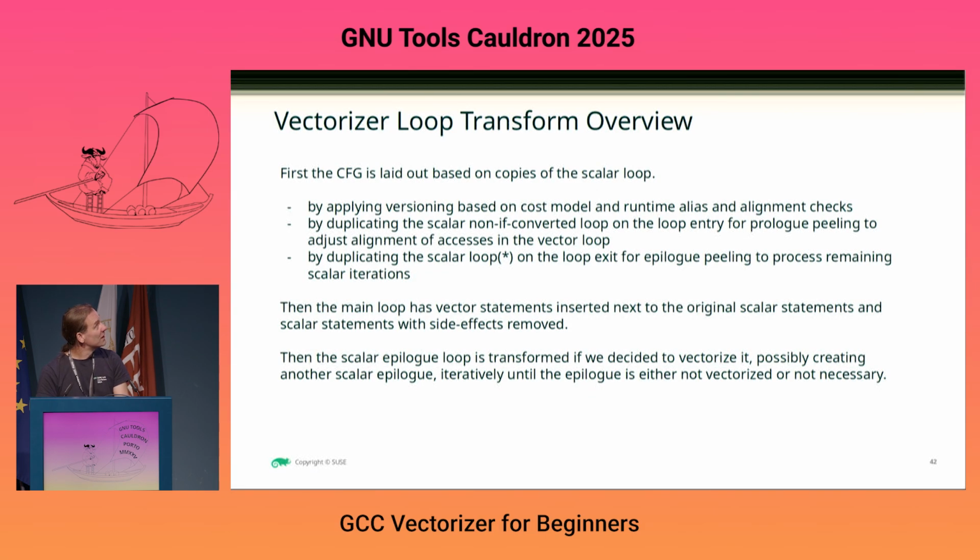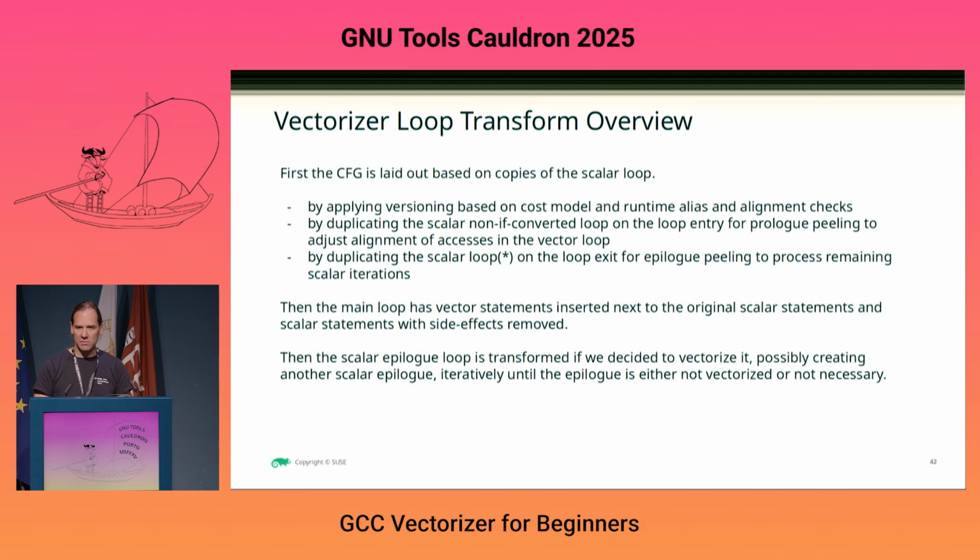Transform phase. The only special thing of the transform phase is that only at that point we are actually doing any CFG manipulations. So the vectorizer before that does not modify the Gimple IL in any way. If conversion did, but the vectorizer itself does not.